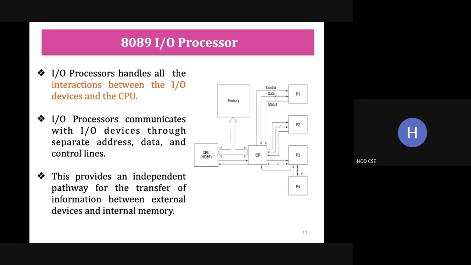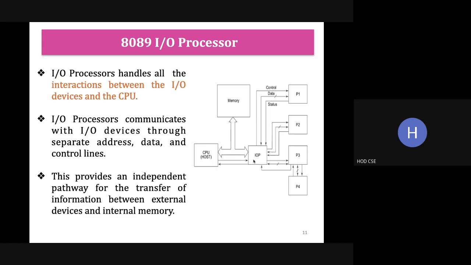So what happens is, in the CPU we have a memory table. The tasks to be performed by the IO processor will be loaded into the memory table. So in this CPU, we have a memory table, and the tasks that are to be performed by the IO processor will be stored in the memory table.